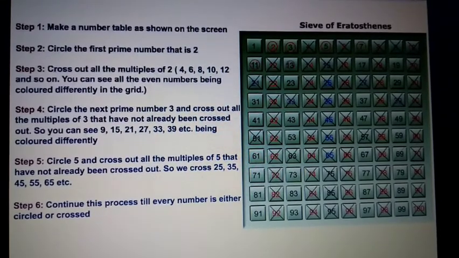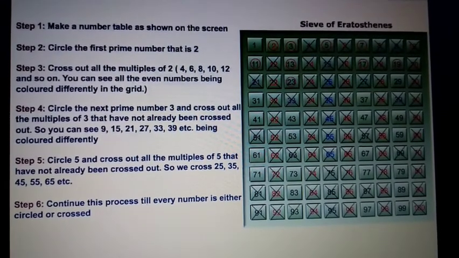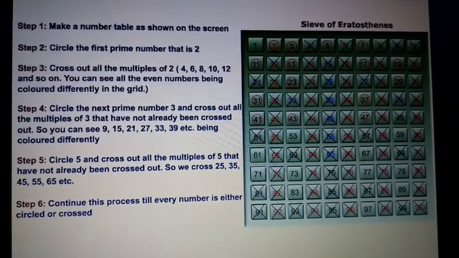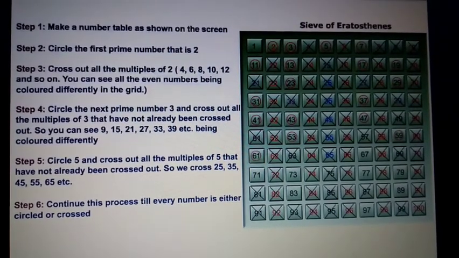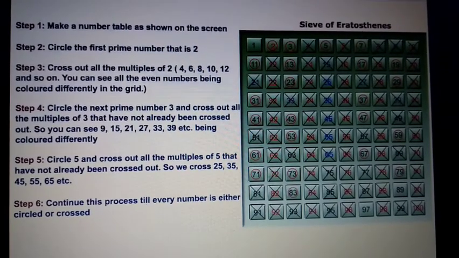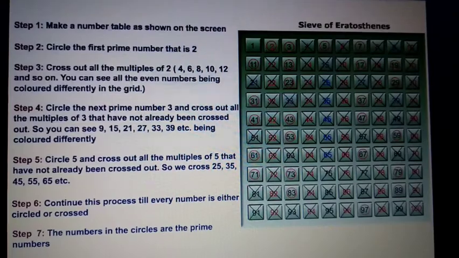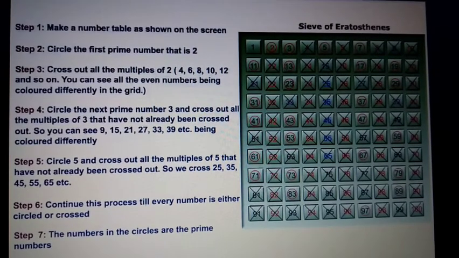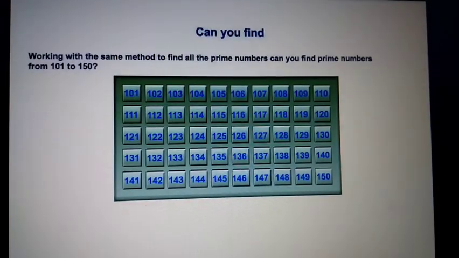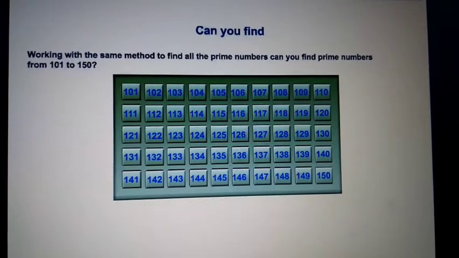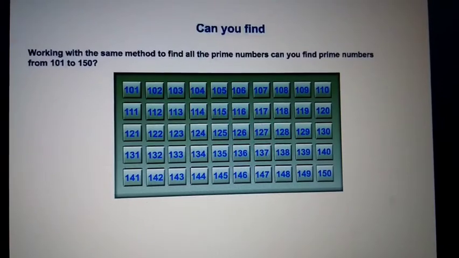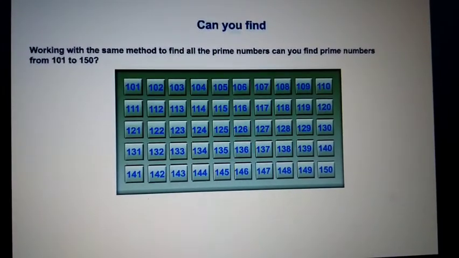Continue this process till every number is either circled or crossed. Step 7. The numbers in the circles are the prime numbers. Using the process that we used while finding prime numbers from 1 to 100, would you like to identify the prime numbers between 101 and 150?